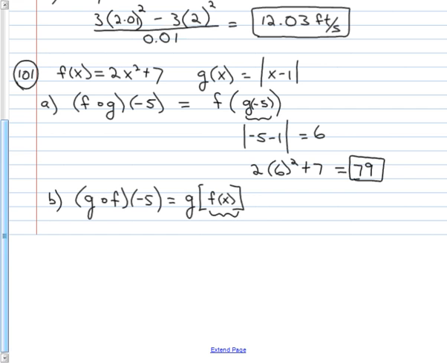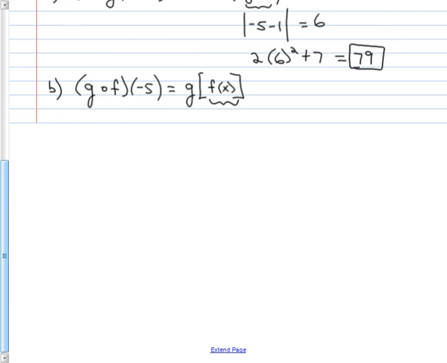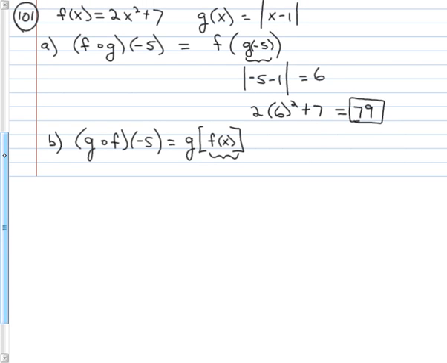So if I start by substituting negative 5 into the f function, 2 times negative 5 squared plus 7. So negative 5 squared is 25, times 2 is 50, plus 7 is 57. So now we take that 57 and substitute it into the g. Absolute value of 57 minus 1 equals 56.